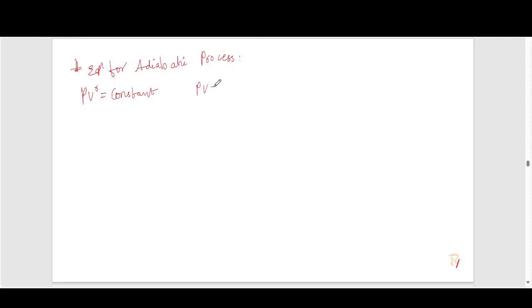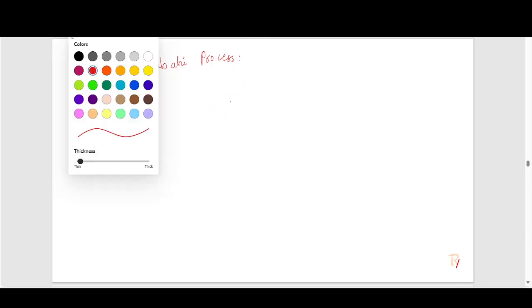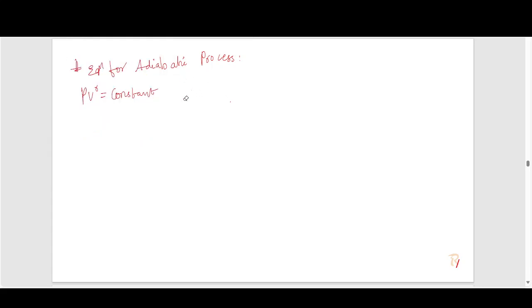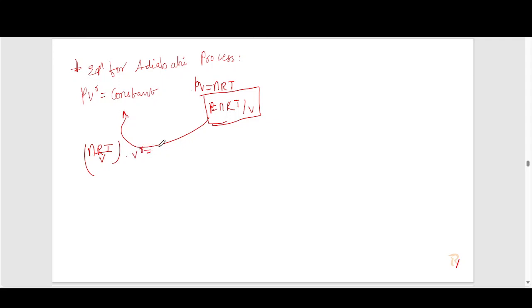Since from the ideal gas equation PV equals nRT, P gives me nRT upon V. Substituting here we get nRT upon V into V to the power of gamma gives me a constant.